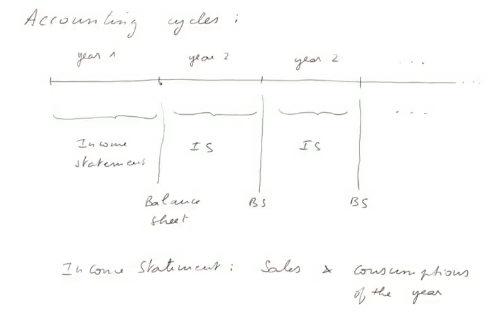There is the first year of the firm, then year number 2, year number 3, etc. During the first year, we shall compute an income statement, and at the end of year number 1, we shall compute a balance sheet. The income statement will be a presentation of the sales, also called revenues, and the consumption of the year to produce these sales.